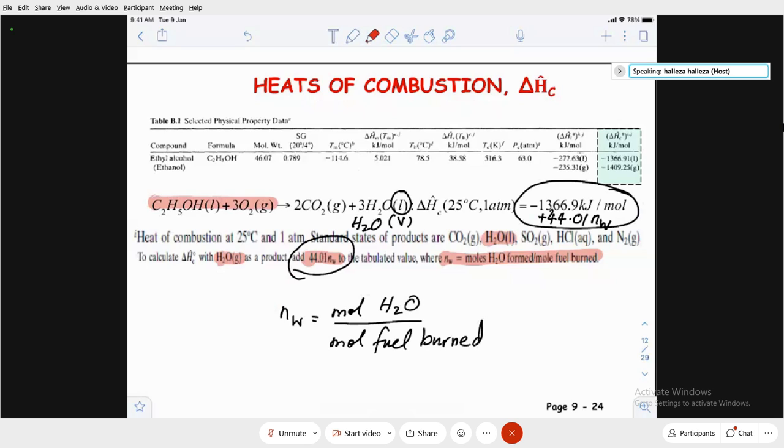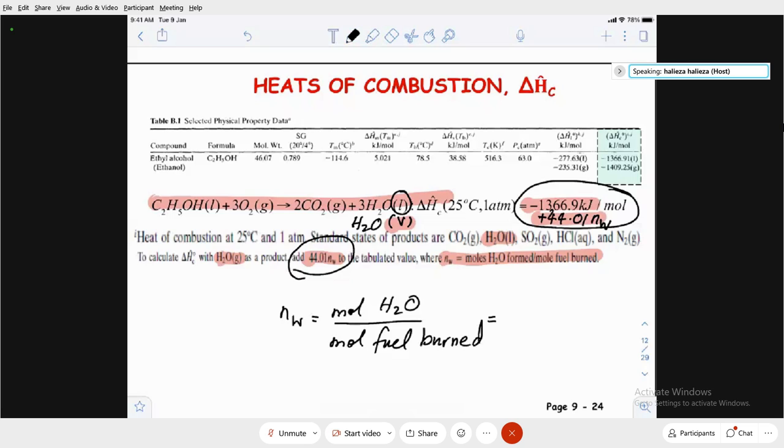For example, in this example, if I'm going to form water vapor, I'm going to add this value to the heat of reaction when liquid water is formed. So I need to calculate my n_w.